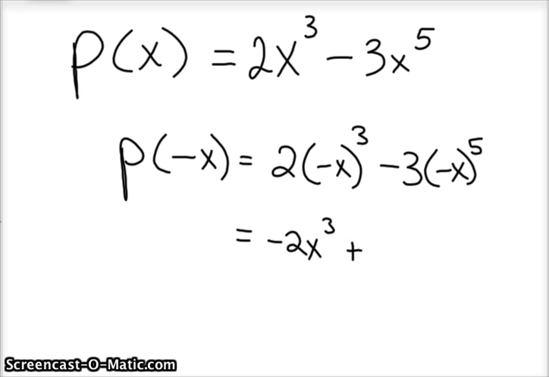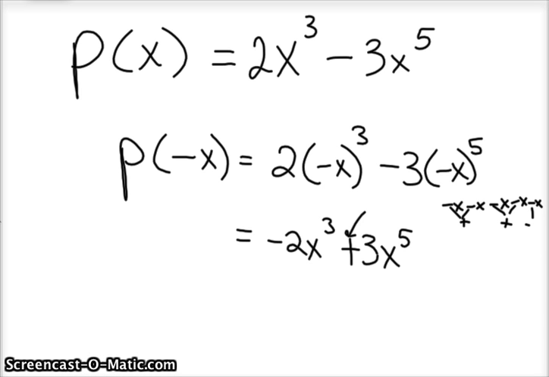Then for the second term, you have negative 3 times negative x to the fifth. Negative five times over, you get a negative, so you've got a negative out in front, and two negatives make it positive. And then you'd have x to the fifth power.